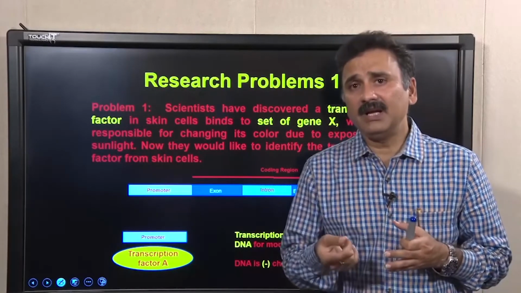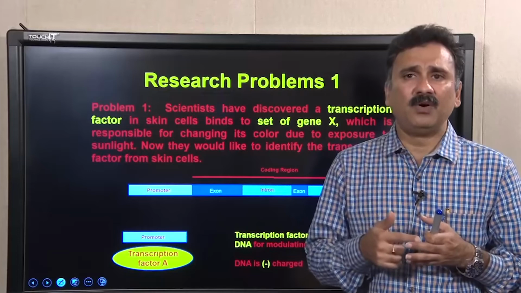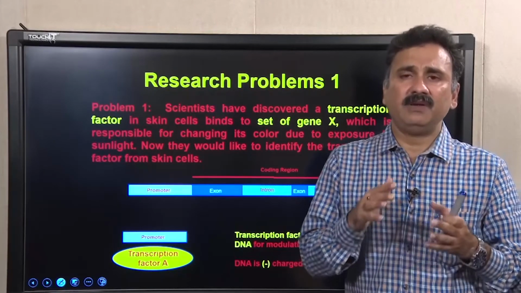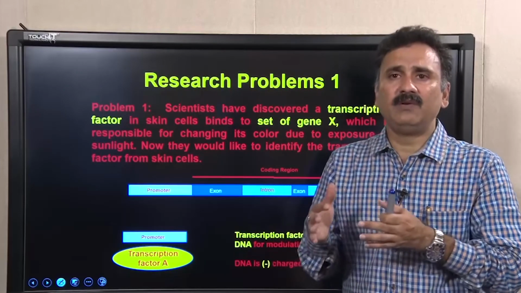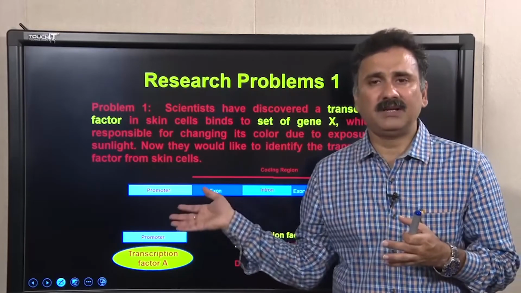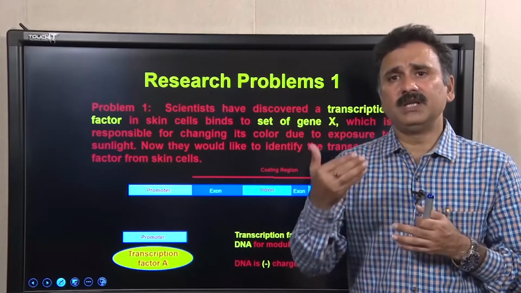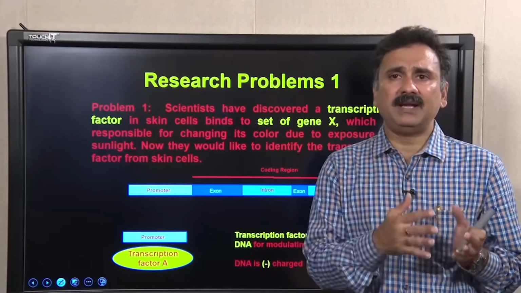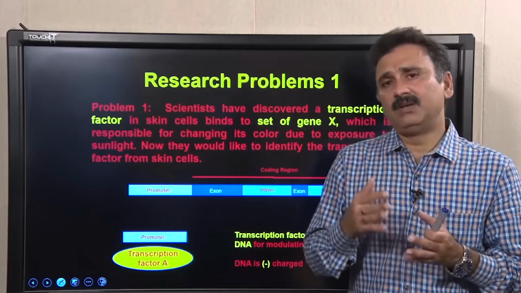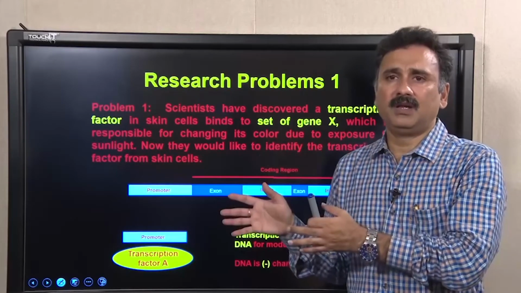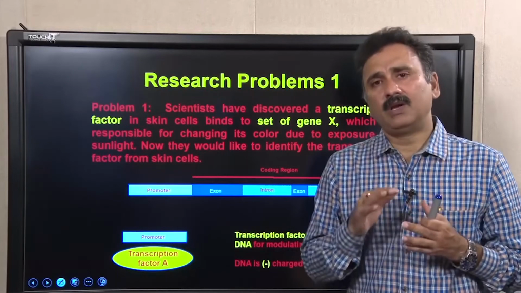Then you also have to perform the ion exchange chromatography, either anion exchange or cation exchange, or in some cases, as in the example we have taken, a combination of anion as well as cation exchange chromatography to purify many factors from a single source.